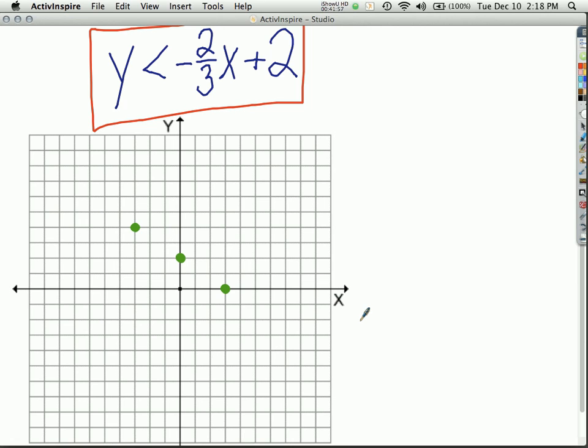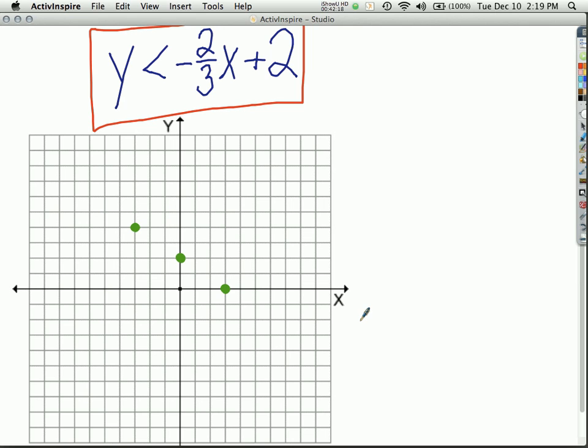Don't draw your line through it yet. If you did, you made a mistake. So we do need to draw a line through it. But now we're more advanced and it's an inequality. There are 2 different styles of line. Which style of line are we going to use for this graph?